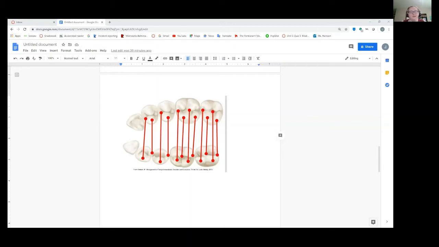What about eating? Do you think we might see some malnutrition? Yes, in some of these patients, right? Eating and chewing difficulty. We might see accidental biting of the cheek or the lip, cracked teeth, right? And then aesthetic concerns, right? All right, very good, you guys.